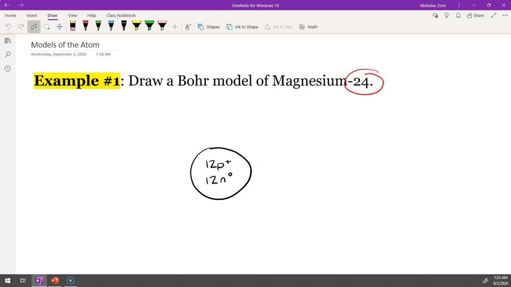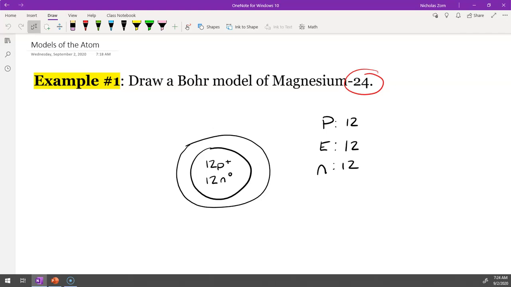Let's draw on our first energy level. We need to find places for 12 electrons. So we have 12 protons, 12 neutrons, and 12 electrons. We know that we can fit 2 in the first energy level. So here's 1, 2. Let's draw another energy level.